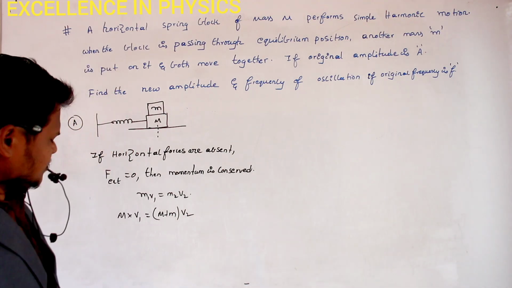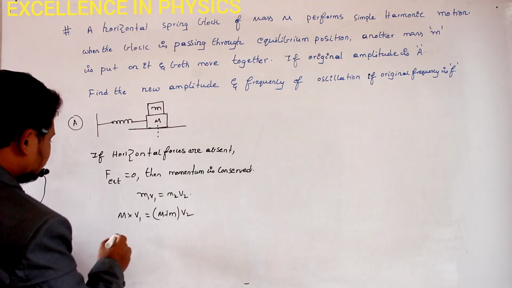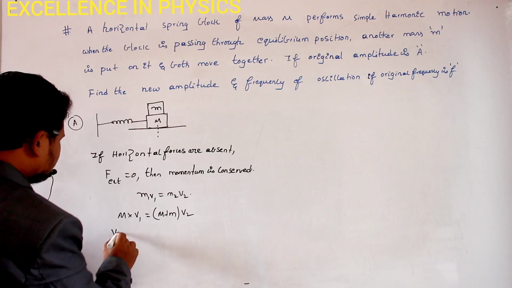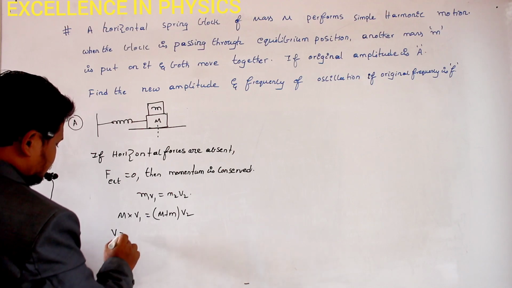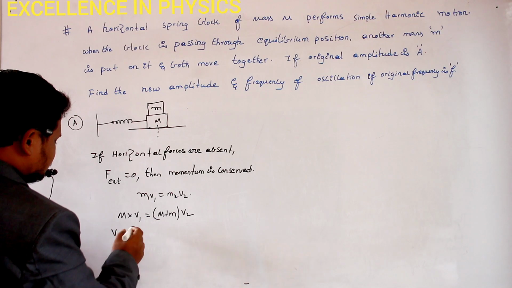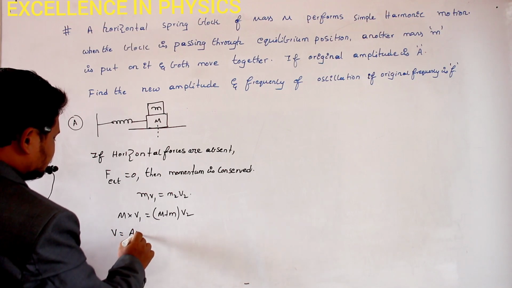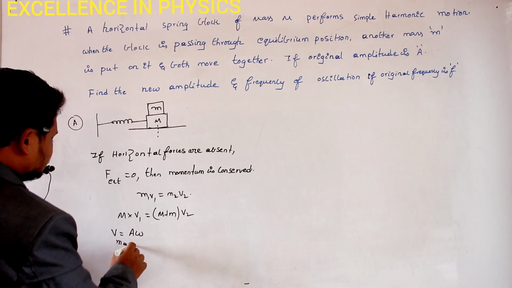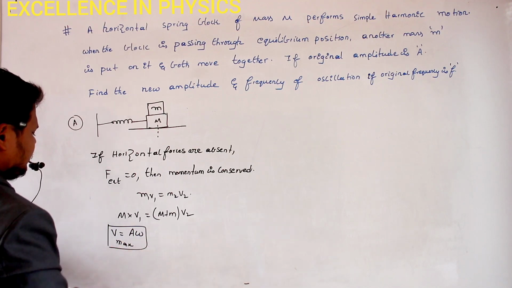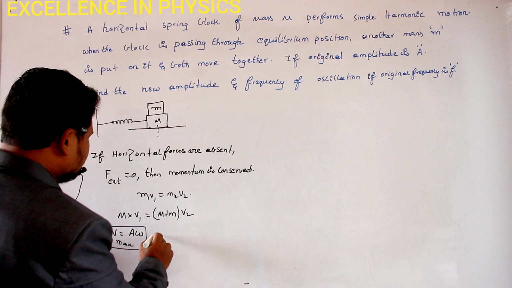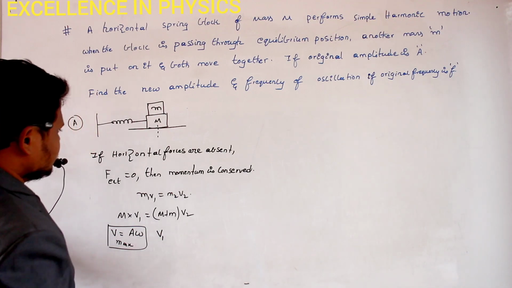What is the equation for maximum velocity? v max = A ω. Already we have studied this many times. Clear?